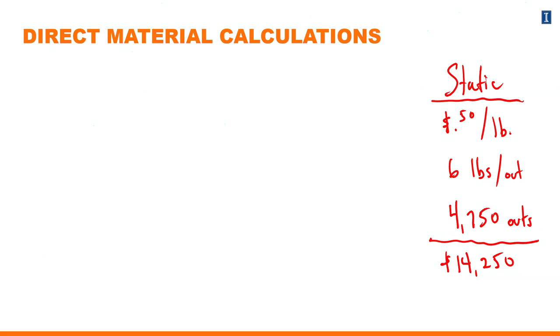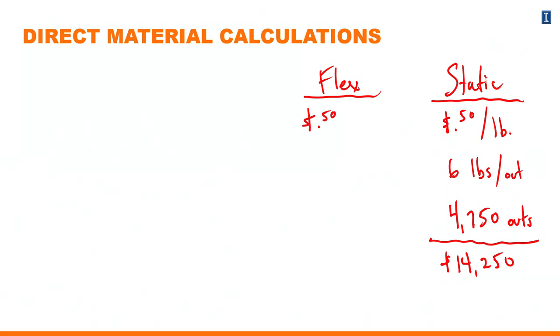Now, given what we know at the end of the accounting period, we can calculate what we actually incurred. And we can take each of our individual components and parse them out as sources of our overall variance. So our first column, moving from right to left, was called the flexible budget, or flex column. And the only thing that was different between the flexible budget column and the static budget column was the outputs produced. Everything else was as originally reported. So we used the standard price of 50 cents.